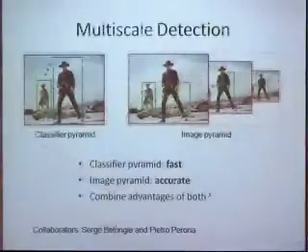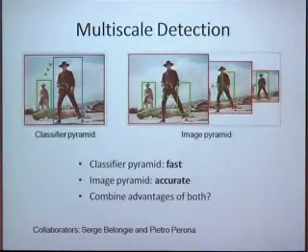Because, say you're computing gradients, you train a model at a fixed scale, and then you shrink your image and perform detection, then shrink your image again and perform detection. Every time you shrink your image, when you're looking for the same size detections, you're looking for bigger pedestrians in the original image.